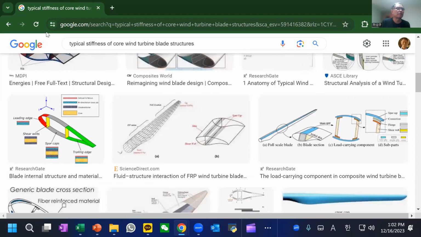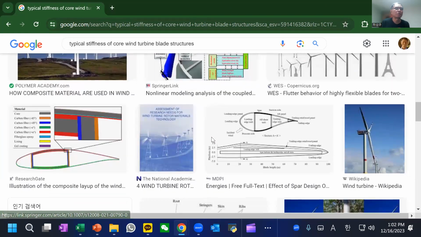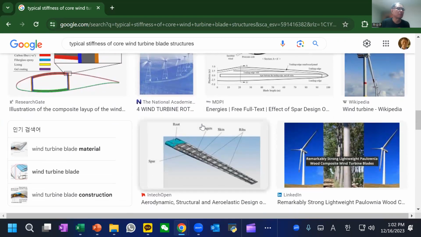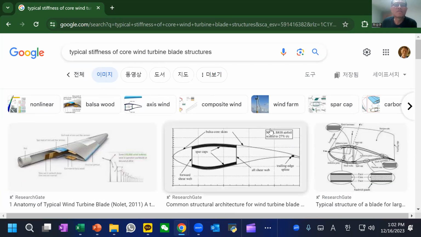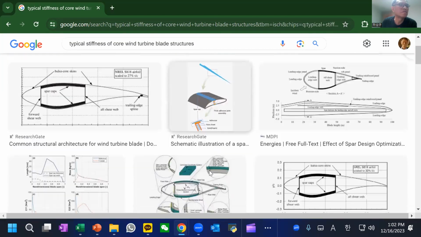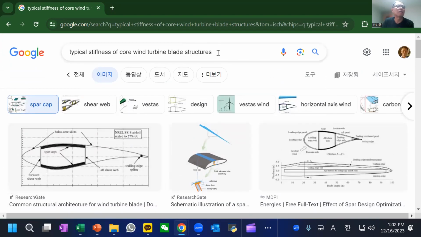There is not much. Let's see. There is a balsa.